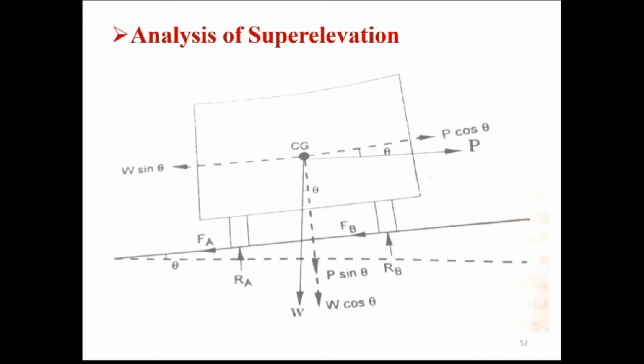RA and RB are the reactions at wheel A and wheel B respectively. Theta is the angle made due to the rise of the outer edge of the pavement.